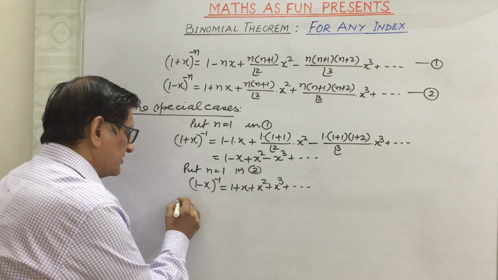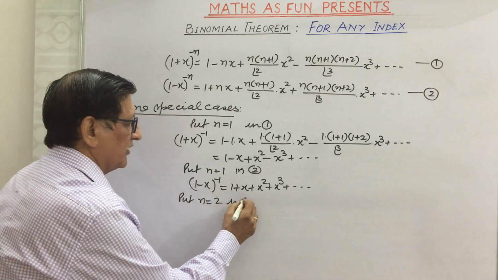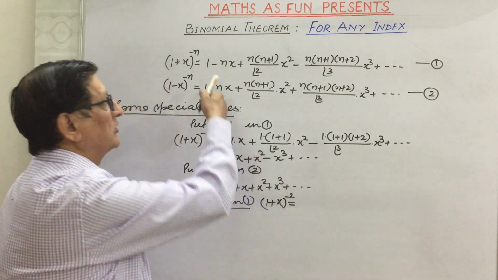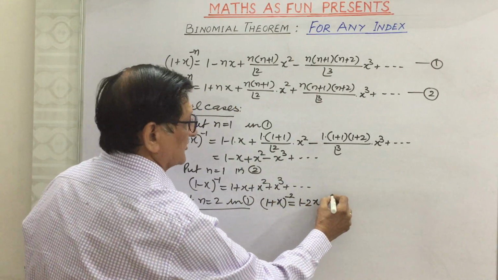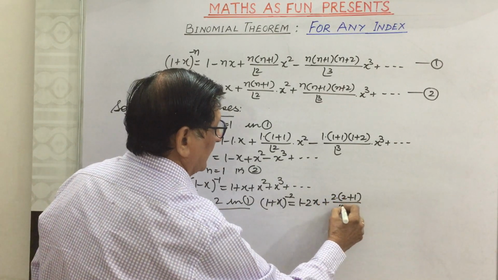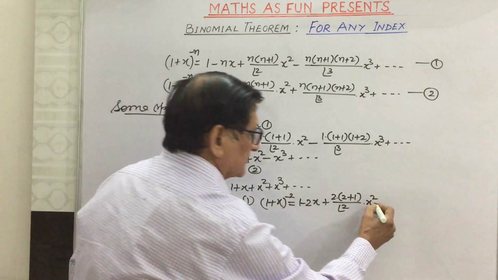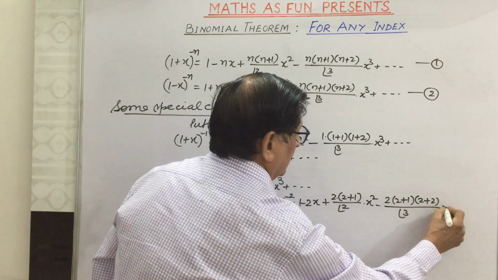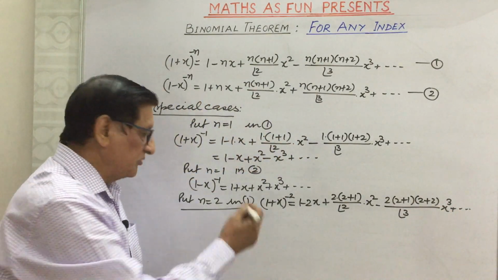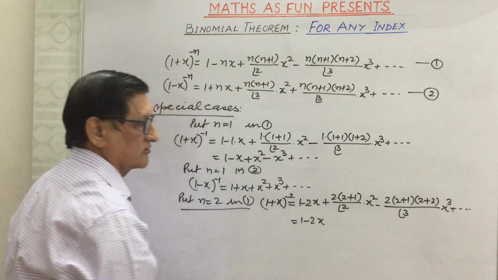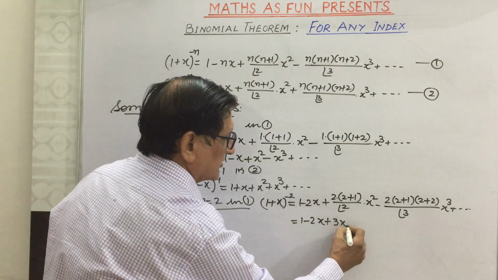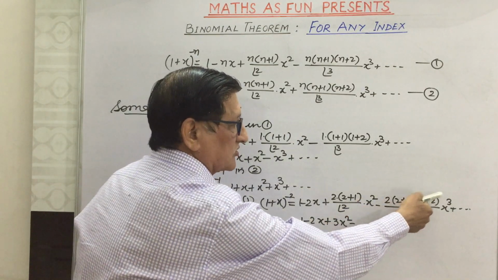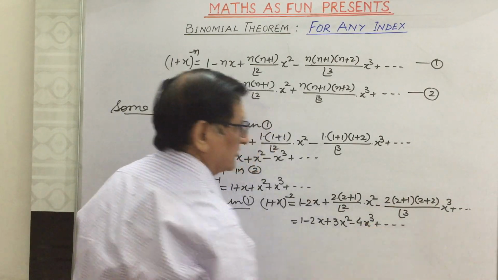If we put n is equal to 2 in 1, we are getting 1 plus x power minus 2 will be equal to 1 minus 2x plus 2 into 2 plus 1 upon factorial 2 into x square minus 2 into 2 plus 1 into 2 plus 2 upon factorial 3 into x cube plus so on. On simplification, we are getting this is 1 minus 2x plus 2 and 2 will cancel, 3x square minus 2 into 3 will cancel factorial 3 and this is 2 plus 2, 4 x cube plus so on.